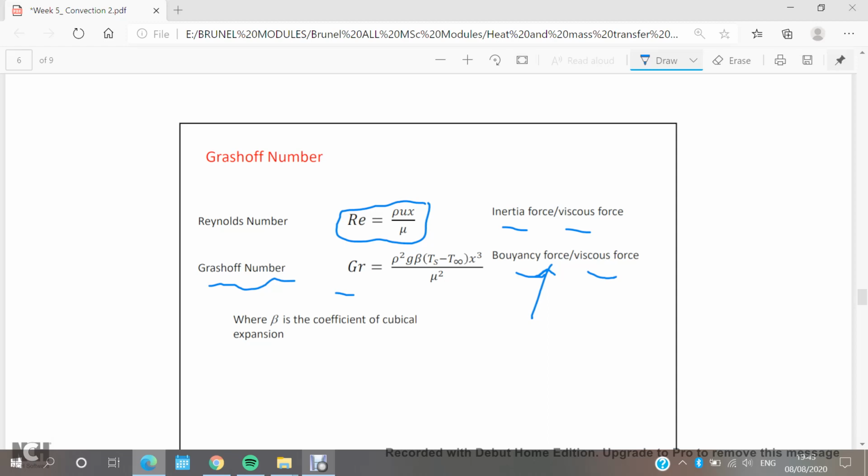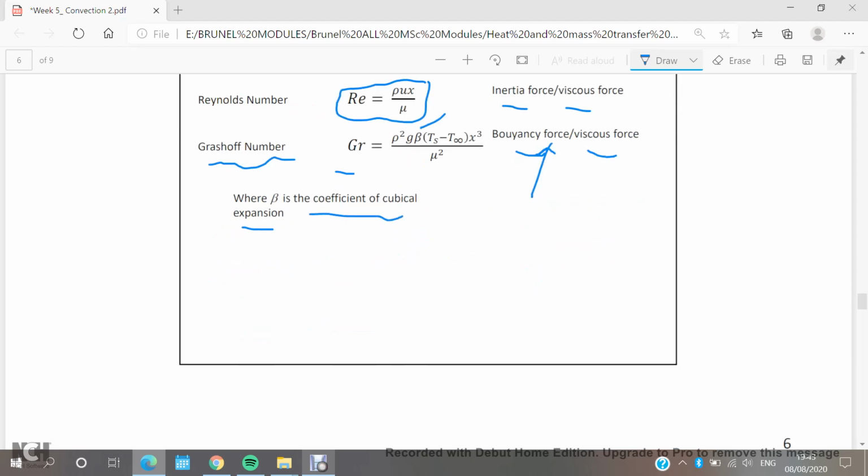Great. Here there is a term in the Grashof number calculation known as the coefficient of expansion, or the volumetric coefficient of expansion. This is a given value when you are calculating your equation or designing a new system.